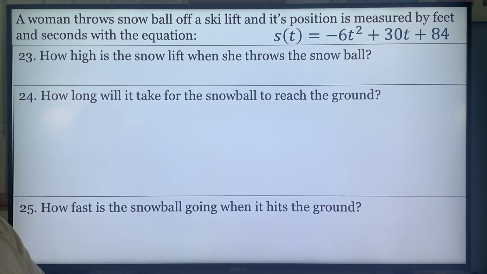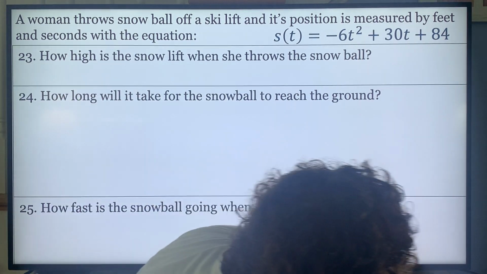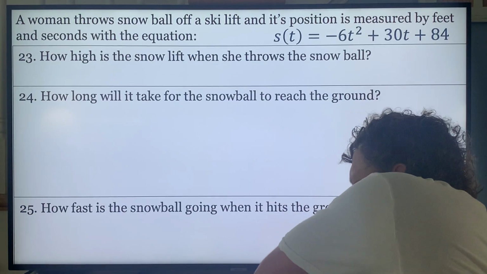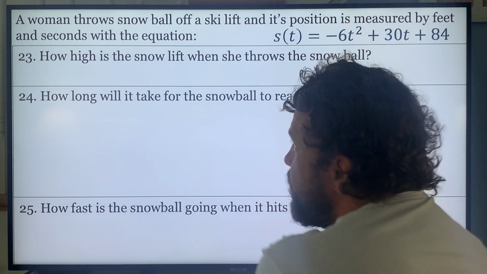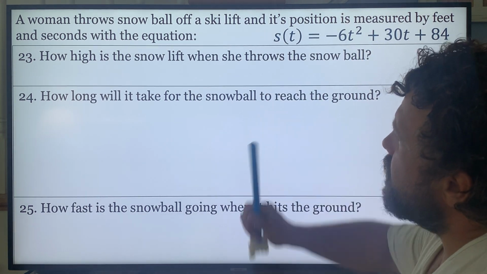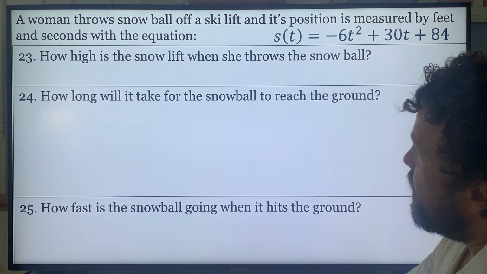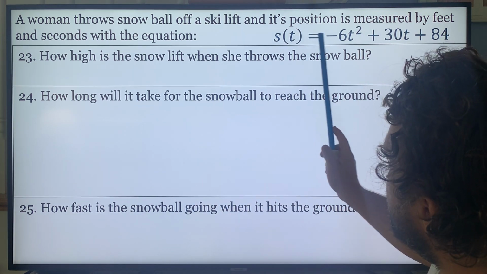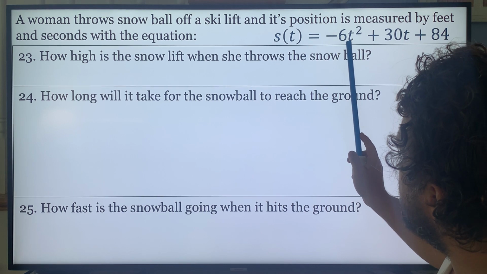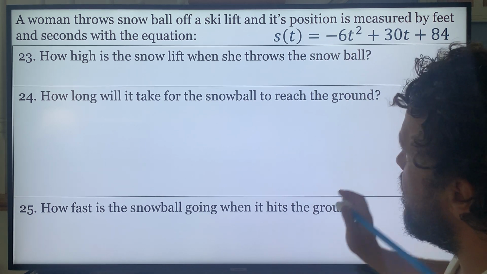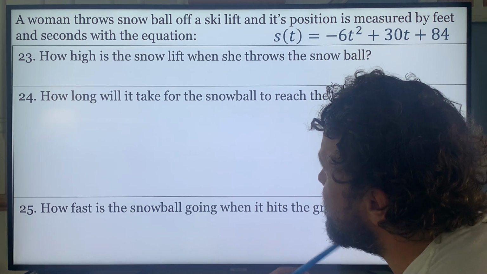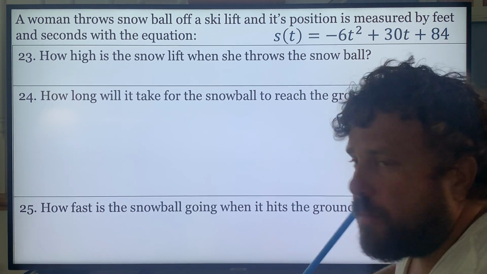All right, now let's get to the fun word problems. I think we got 2 left, 2 or 3. A woman throws a snowball off a ski lift, and its position is measured in feet and seconds with the following equation. S of t equals negative 6t squared plus 30t plus 84. How high is the ski lift when she throws off the ball?